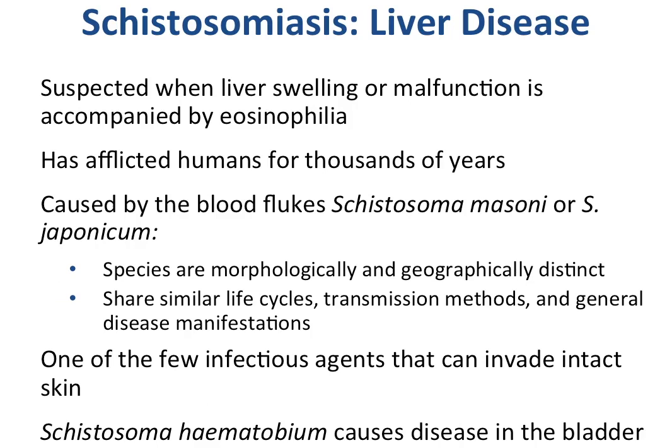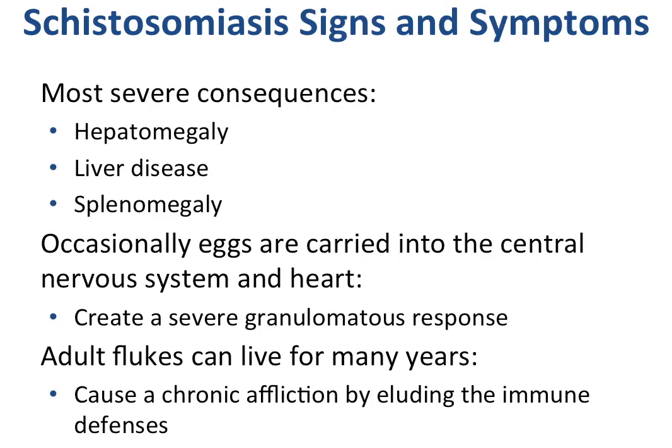Schistosomiasis. This is a liver disease. The patient may have liver swelling and malfunction. The patient may have this disease for a very long time. It is caused by Schistosoma mansoni and Schistosoma japonicum.